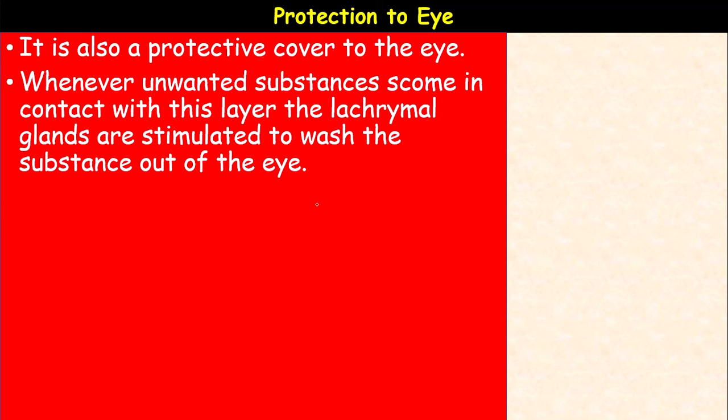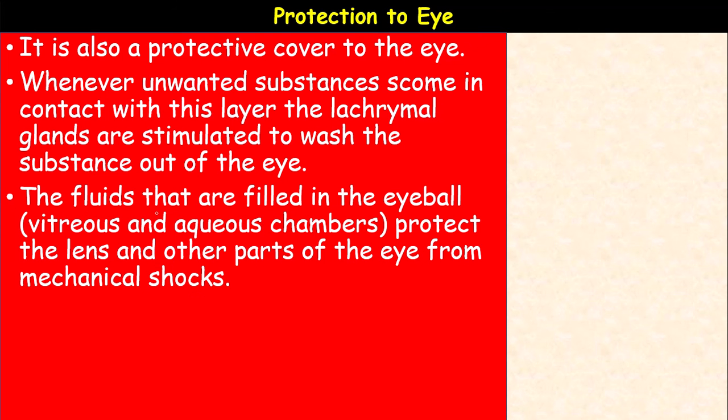That is why some watery substance is secreted. When dust falls in the eye or any small insect accidentally enters the eye, immediately the lacrimal glands get activated and secrete some watery substance.